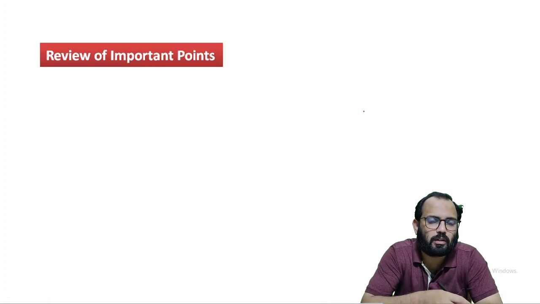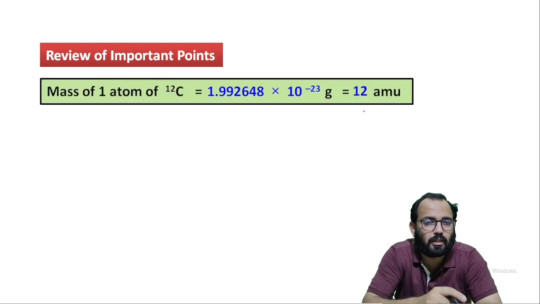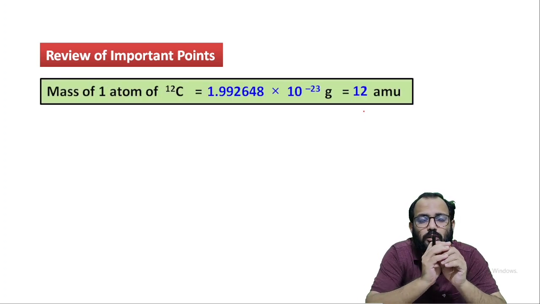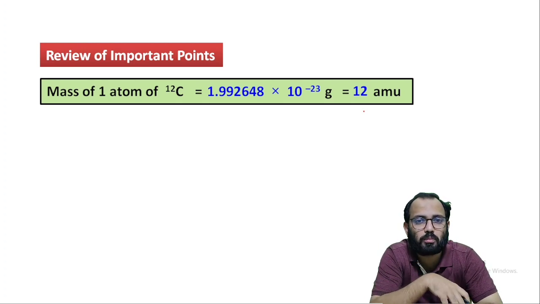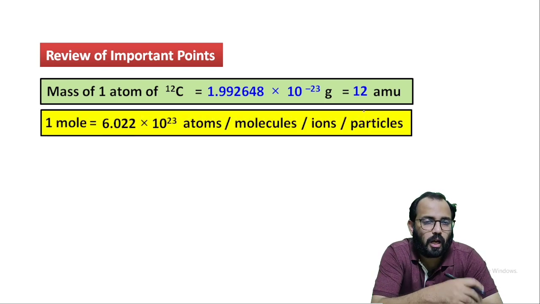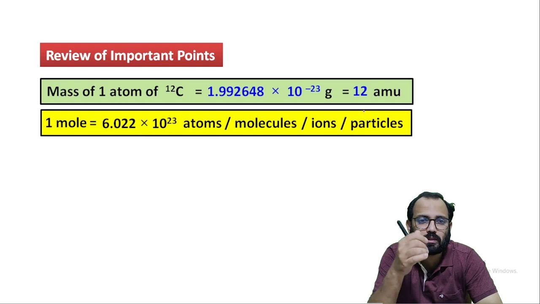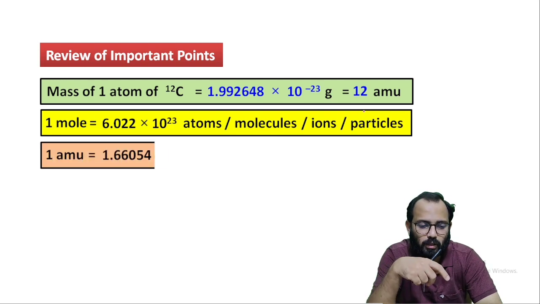So we'll cross check the important data as we have discussed. The mass of one atom that we have found out through spectroscopy is 1.99 × 10^-23 gram, and we have assumed the mass as 12 U or 12 AMU, and one mole contains how many entities? 6.022 × 10^23 entities. Those entities can be atoms, molecules, ions, or any other particles.